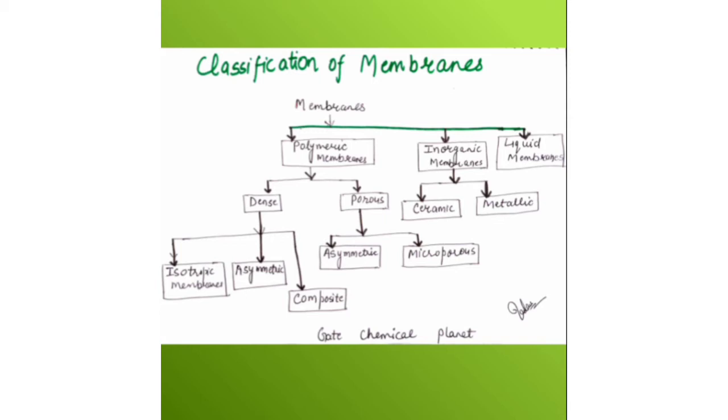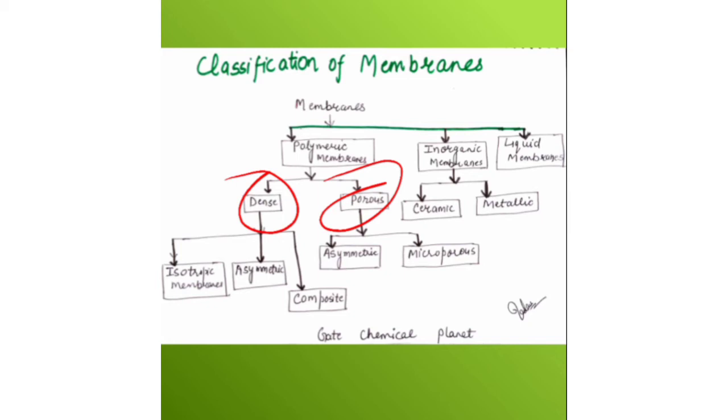Polymeric membranes are further divided into dense membrane or porous membrane. Dense membranes are of three types. First is the isotropic membrane, second is the asymmetric membrane, and third is the composite membrane. Porous membranes are divided in two categories, the asymmetric membranes and microporous membrane. So these are the polymeric membranes.